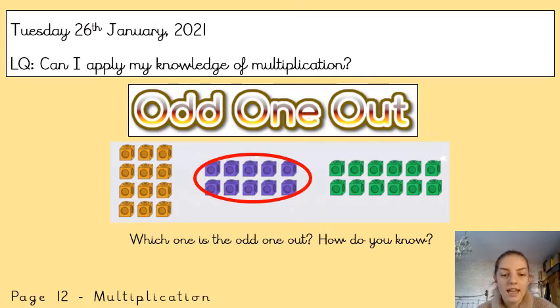This array is 2 by 5, and we know that 2 times 5 is 10, so there are 10 blocks here. And this one is 2 by 6, and 2 times 6 is also 12. So array number 1 and array number 3 both have 12 blocks. So the odd one out is the middle array, because we know that 2 times 5 is 10.